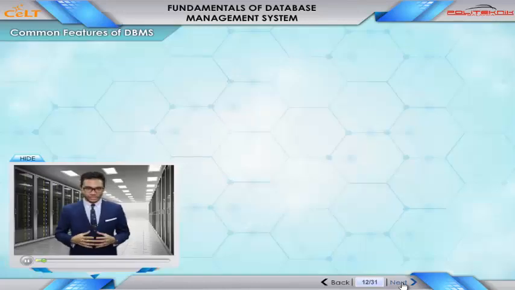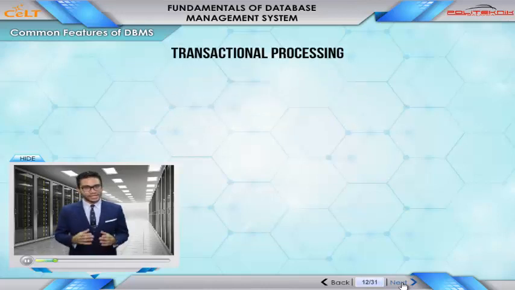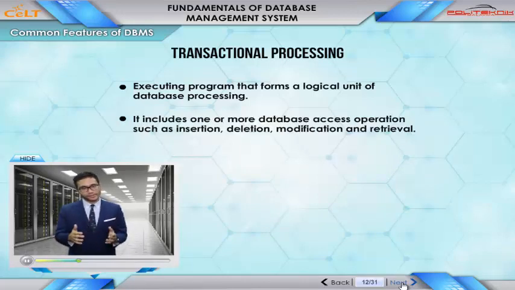Fifth is transactional processing. Transactional processing is executing program that forms a logical unit of database processing. It includes one or more database access operations such as insertion, deletion, modification, and retrieval.